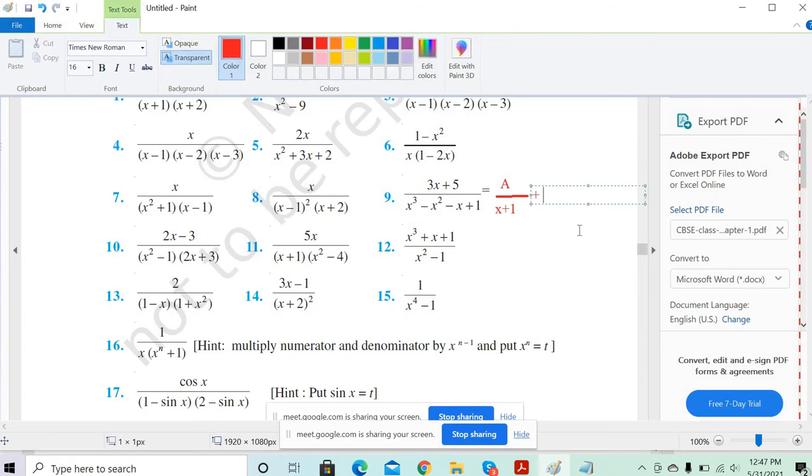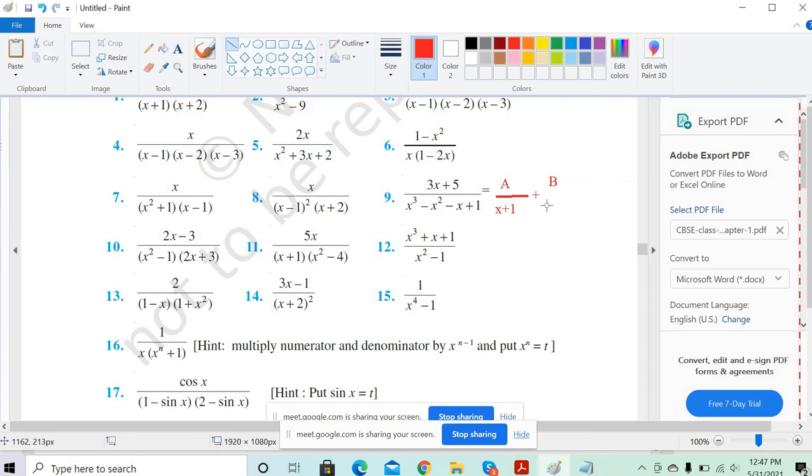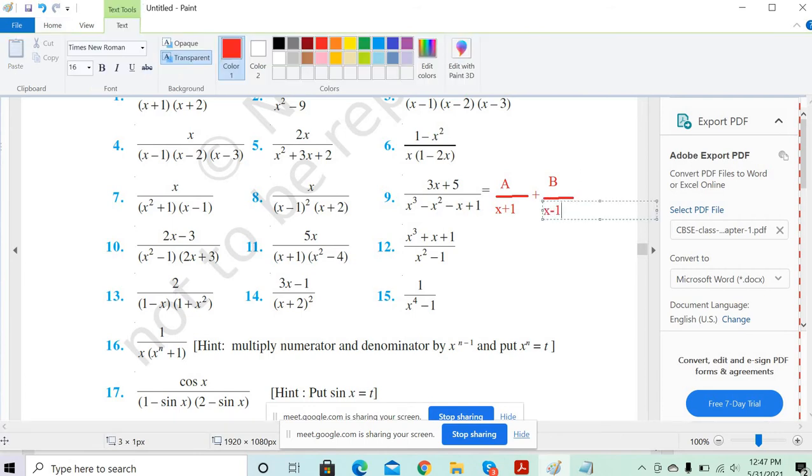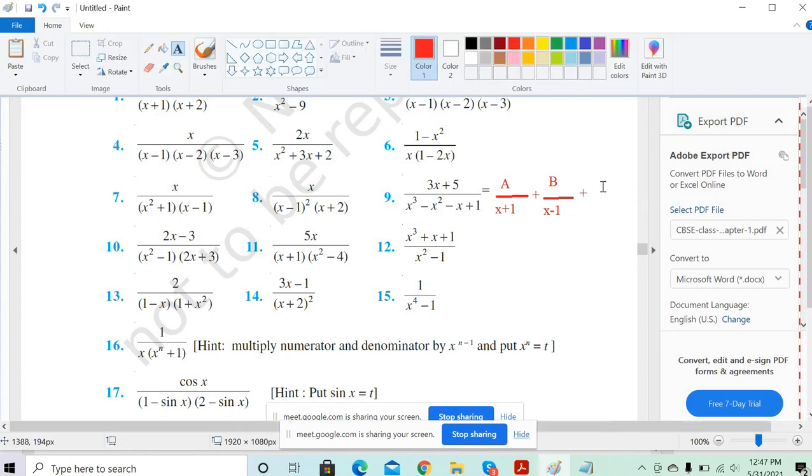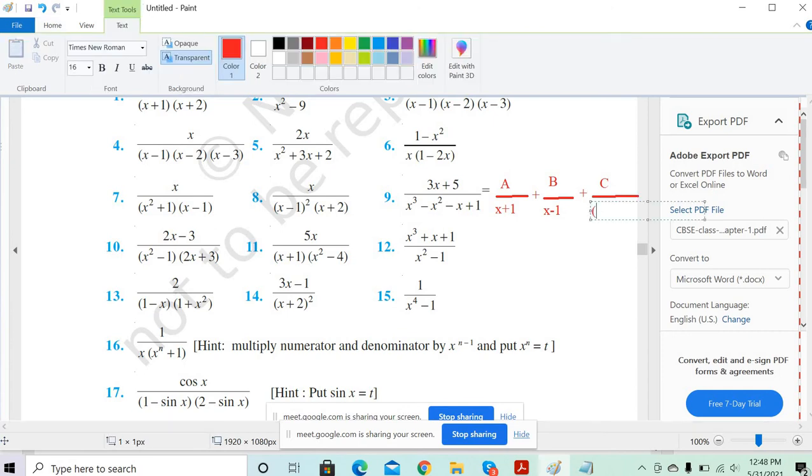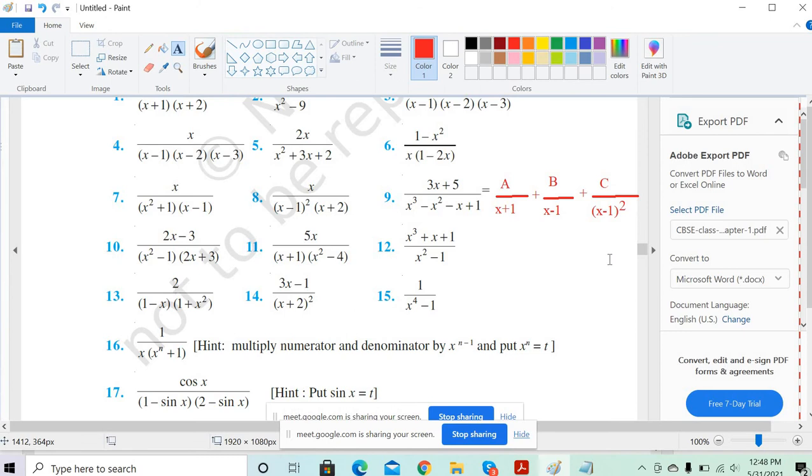Then plus B by X minus 1, plus C by X minus 1 whole square. Is it okay? This is what is done, right?